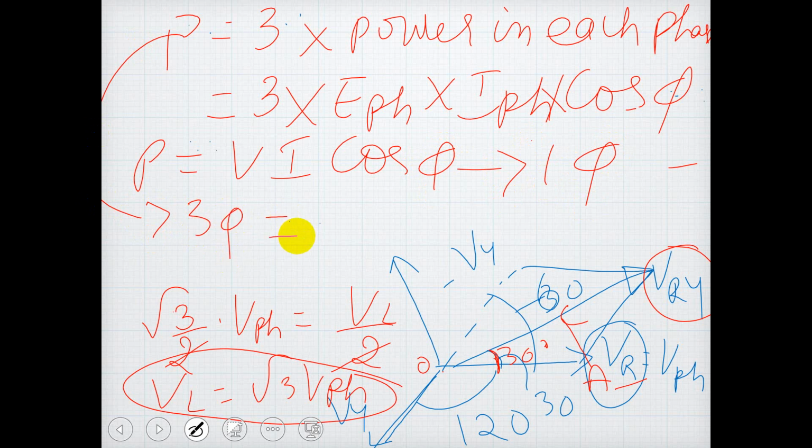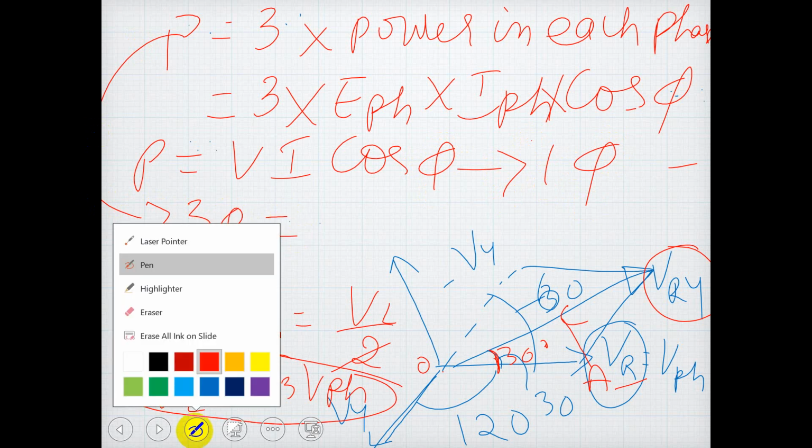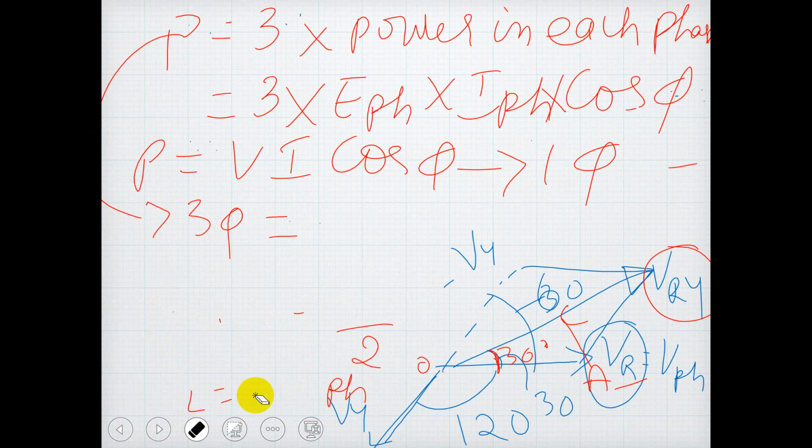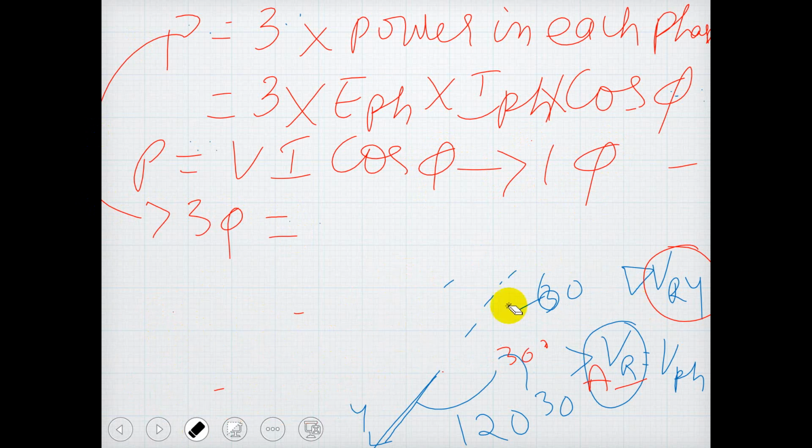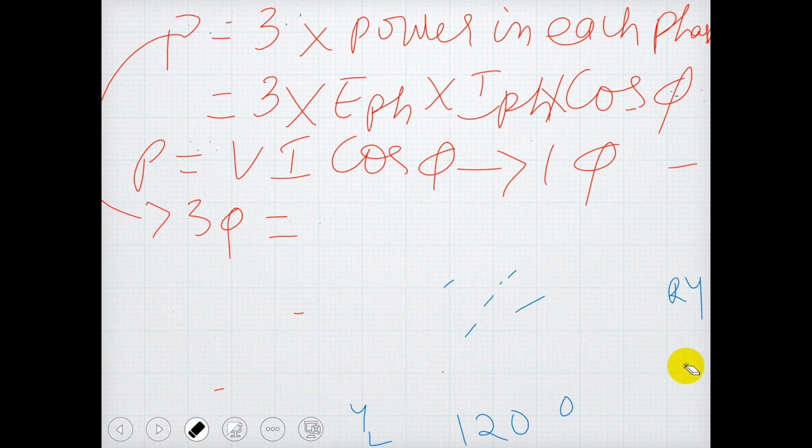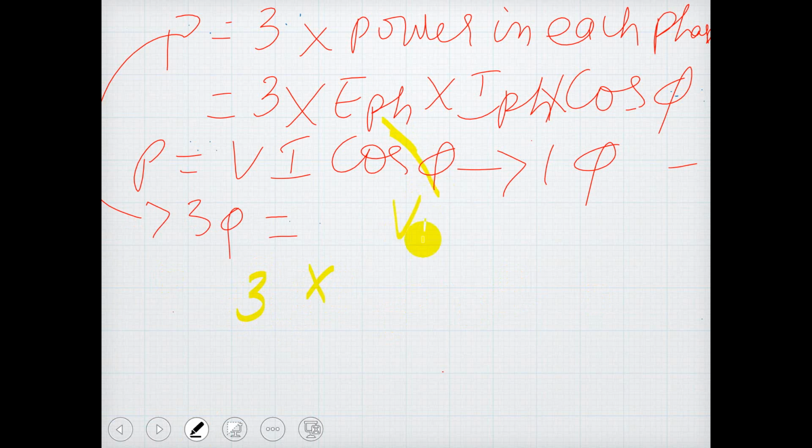So that will be equal to 3 times E phase. What is V phase?